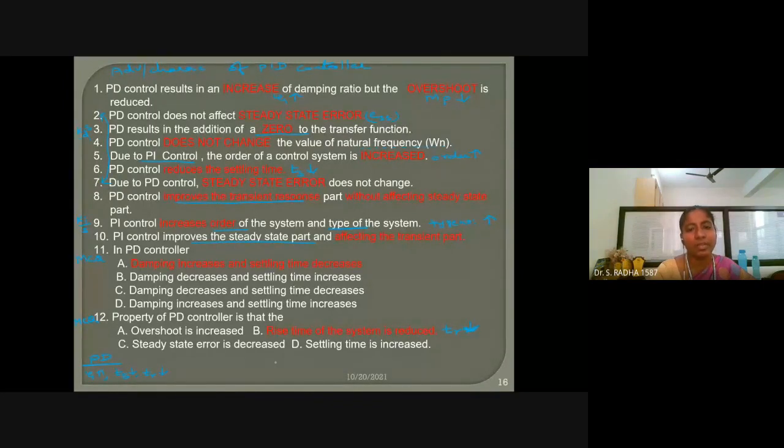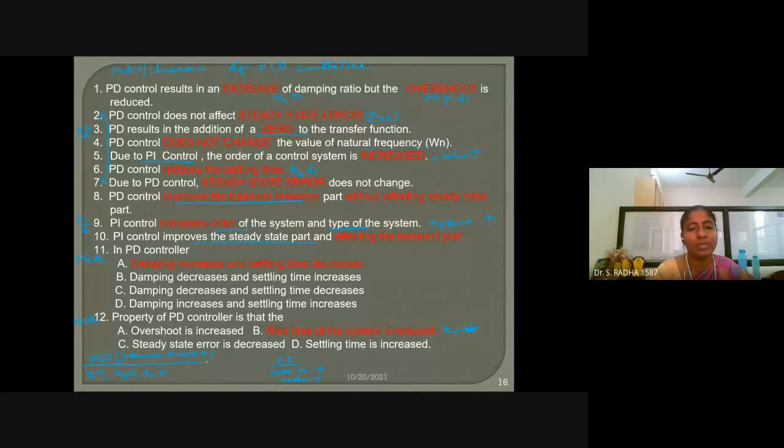And then in PI controller, the type number increases, order increases. PD controller will help the transient response; transient response improves.